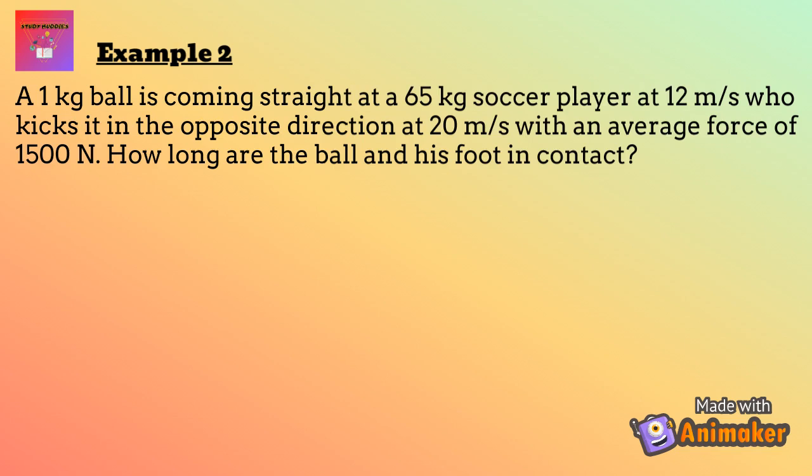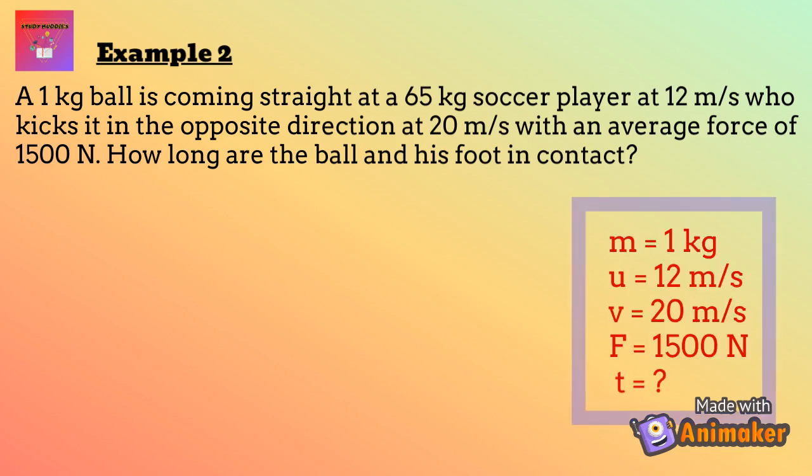Alright, for the previous question, it was a direct question as they asked us to calculate the impulse. But for this question, you have to be careful because they are asking us to find the time and not impulse. To make it easier, list down all the given information at the side. Remember, since we are talking about the impulse of the ball, we use the mass of the ball and not the player's mass.